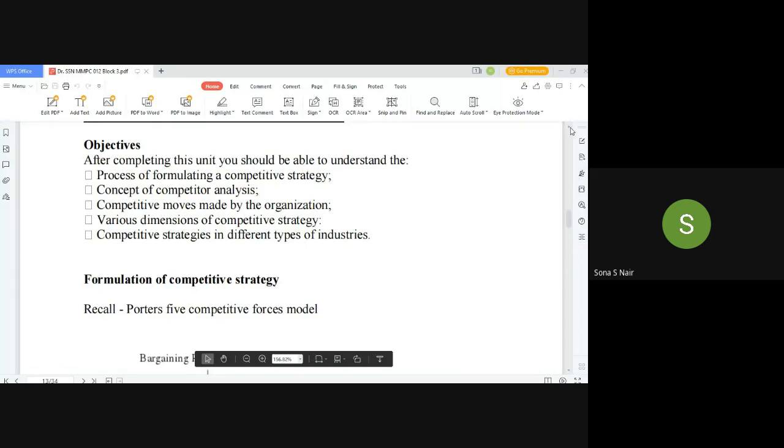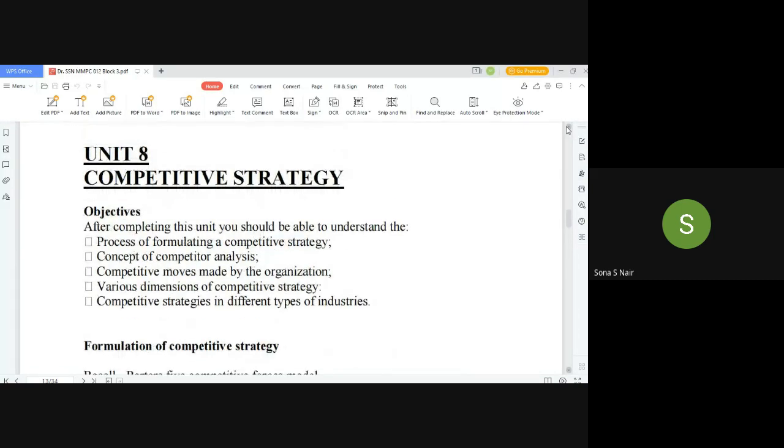Now we come to the competitive strategy. We talked of generic strategies, we talked of the various portfolio management, portfolio analysis tools. Now, unit number 8 is about competitive strategy, as to how the organization converts whatever strategic choices they have made into competitive strategy.